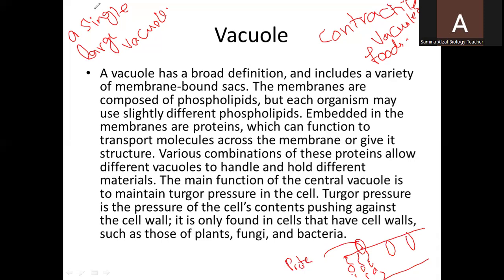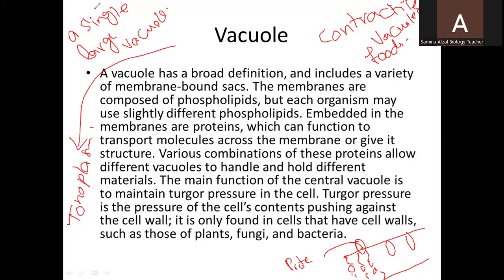So these different types of proteins will handle and hold different types of materials to pass through the vacuolar membrane, which is called the tonoplast. The main membrane of the vacuole is called the tonoplast, just like the plasma membrane.